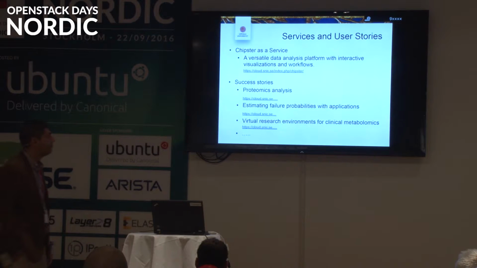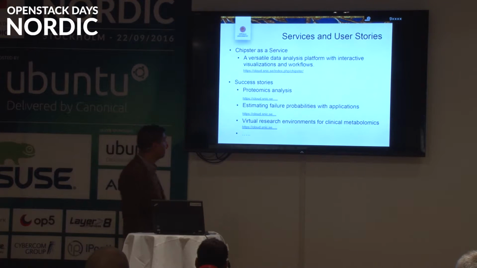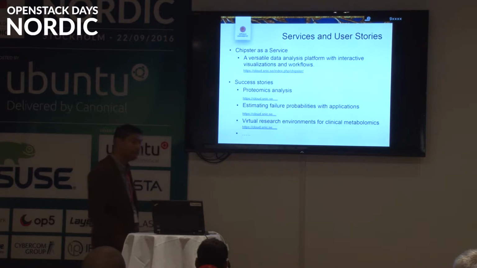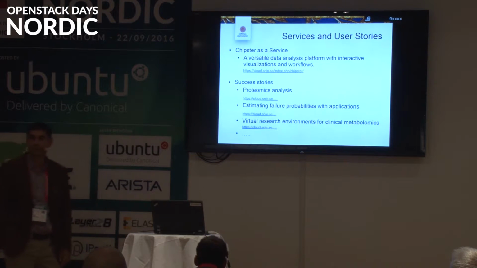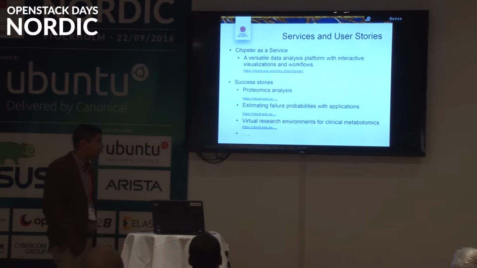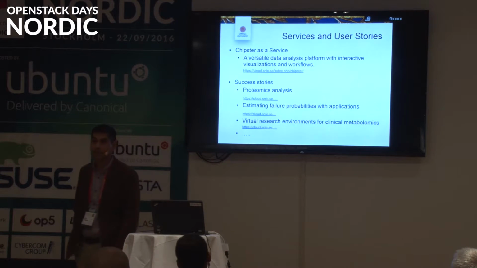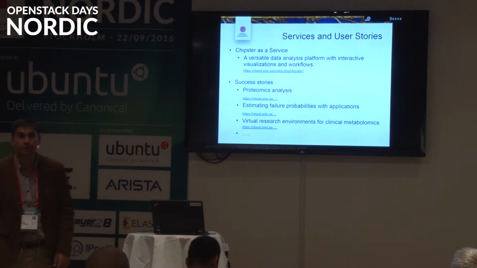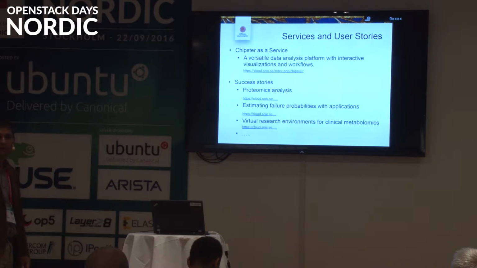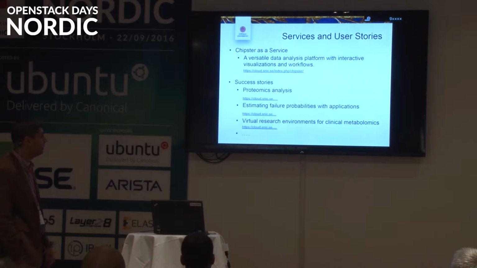Some of the stories are basically from proteomics. We have seen a use case where they are using cloud resources very efficiently. Estimating failure probability is another application that is using our cloud resources, and they are quite happy after moving to the system.